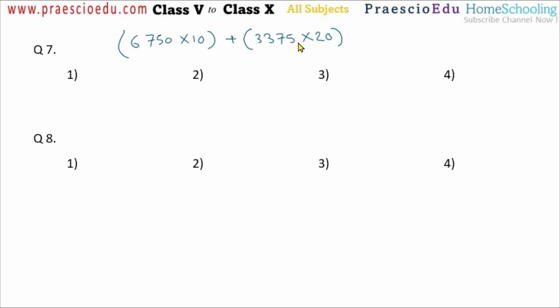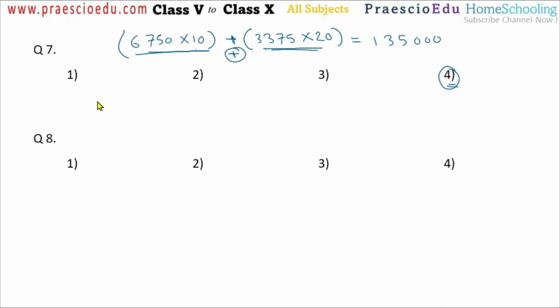So what is the total amount with him? So we have to do this multiplication and this multiplication, and after this we have to do the addition. After this you will get 1,35,000, and this is given in option number 4. So first of all this multiplication has to be done, and this multiplication, and after this the addition has to be done.